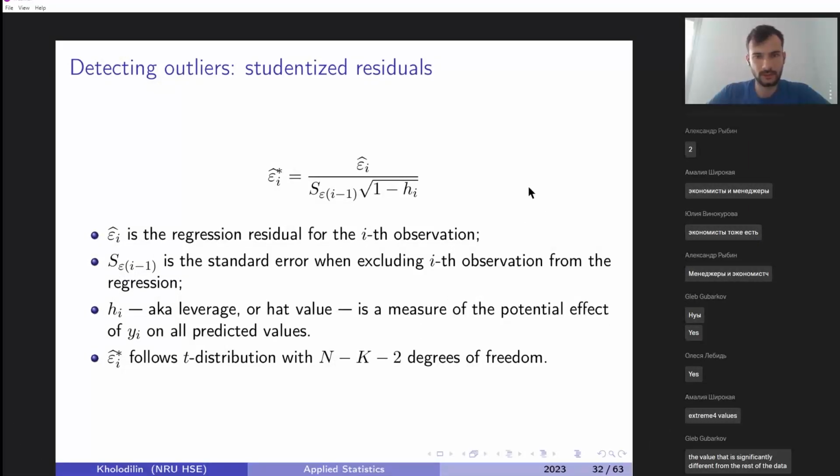You build some statistic based on the regression residuals. For each observation, the logic is that you check the residual for every observation i. S is the standard error for all other observations.